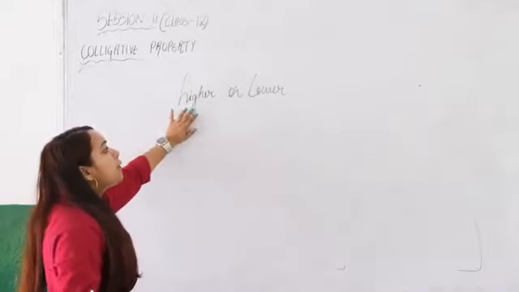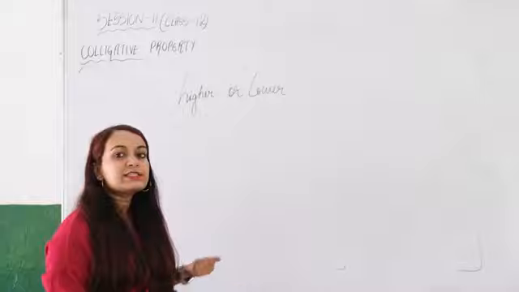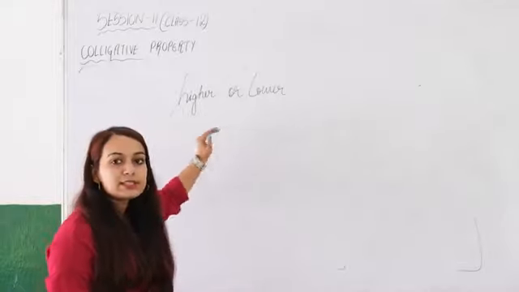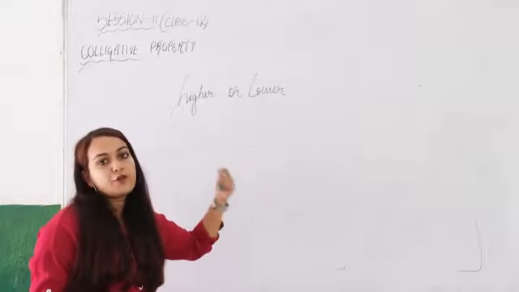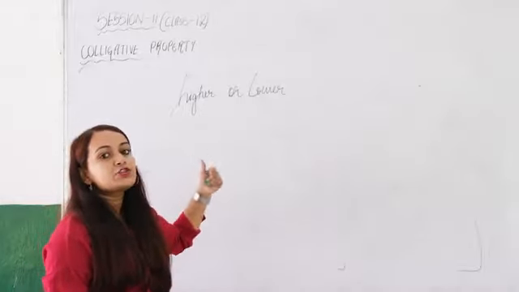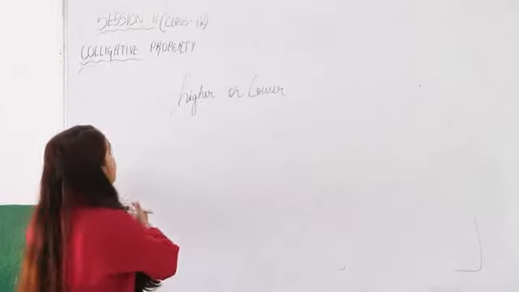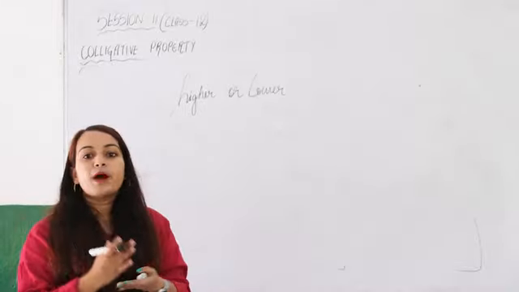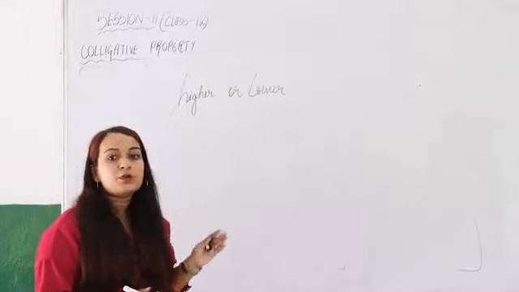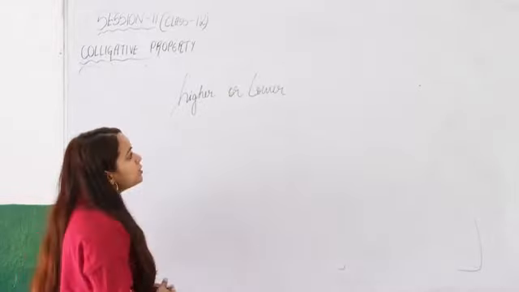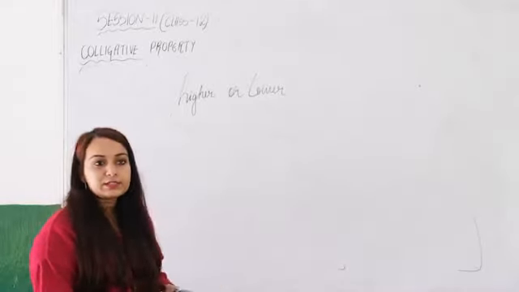Getting a higher or a lower molecular mass as compared to the actual molecular mass indicates that the molecular mass is abnormal. That means the molecular mass which we are calculating with the help of colligative properties is coming out to be abnormal. So this abnormal molecular mass needs to be corrected.